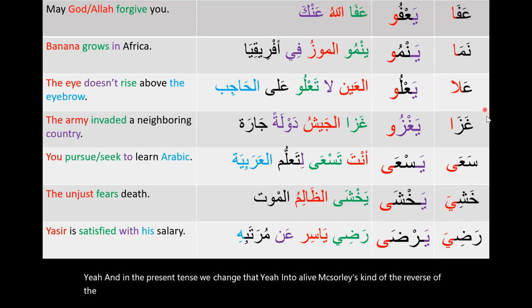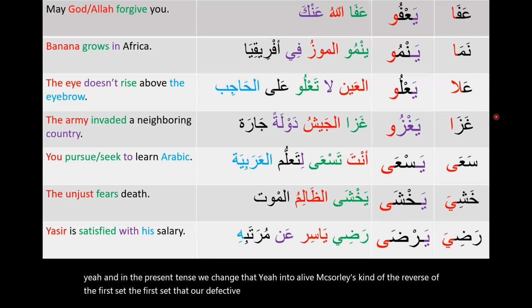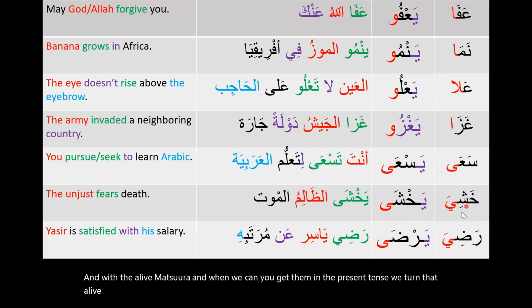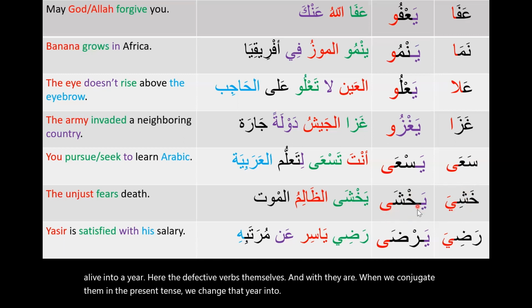The first set, our defective verbs end with the alif مقصورة, and when we conjugate them in the present tense, we turn that alif into a ya. Here, the defective verbs themselves end with the ya. When we conjugate them in the present tense, we change that ya into ألف مقصورة, that's tit for tat.